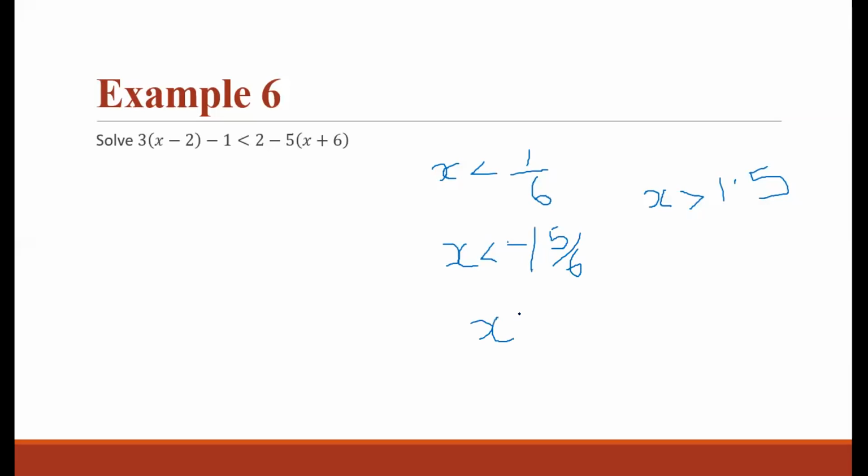Ruth Astrid, it is x less than 4 and 3 over 8. Yes. Muchunguzi has x less than -21 over 8. I hope it is not 2 whole numbers 1 over 8. It could be 2 whole numbers 1 over 8, but the way they are writing, I don't know.